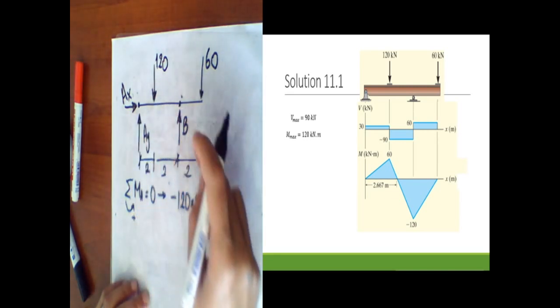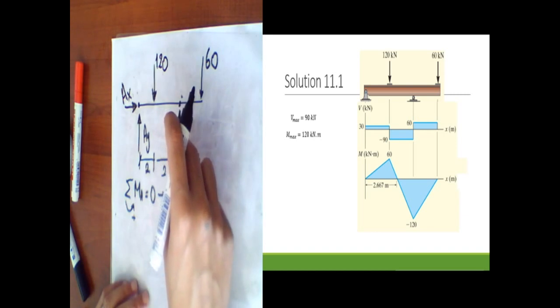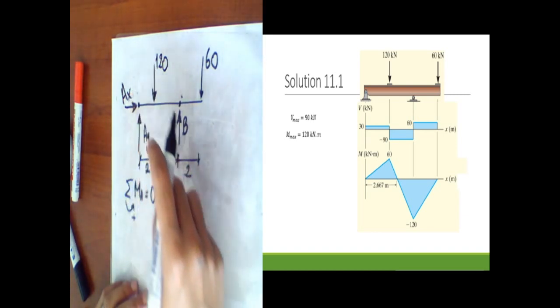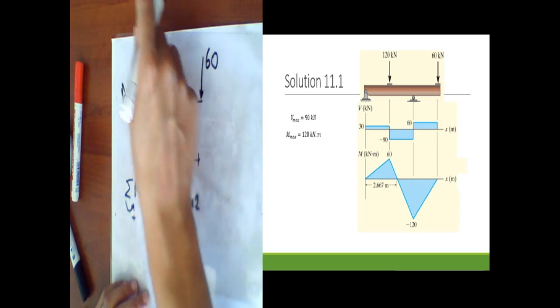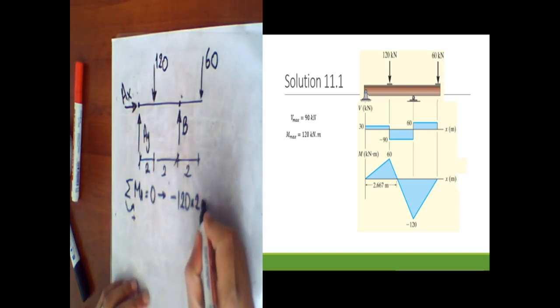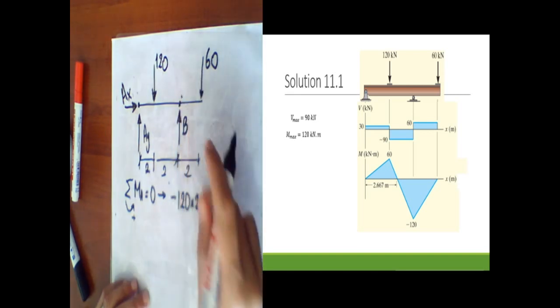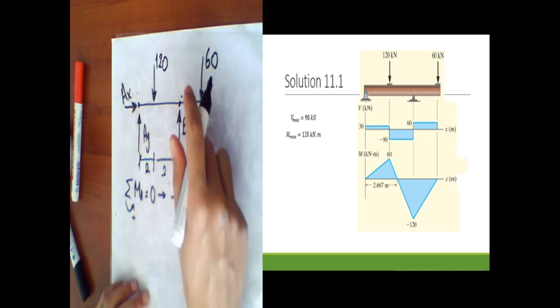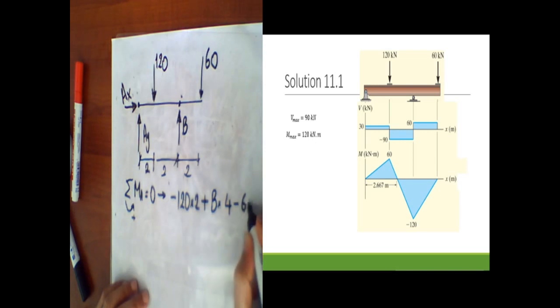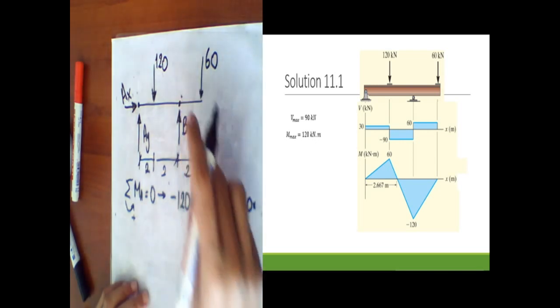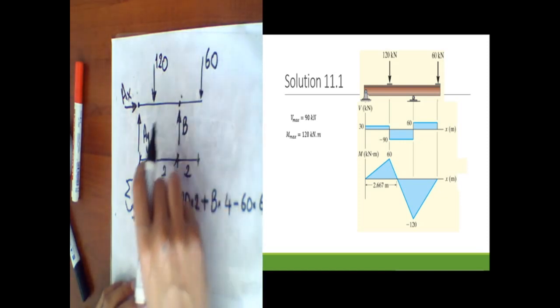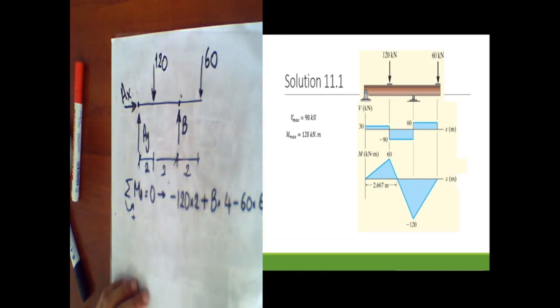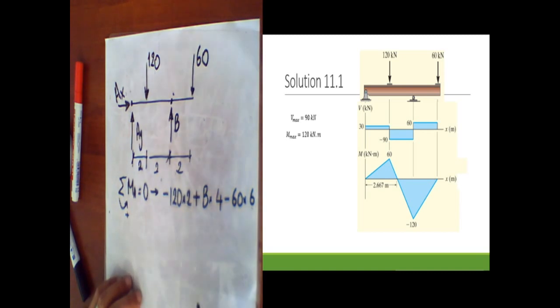Then B produces a counterclockwise moment, so it is positive: B times 4. The last one is minus 60 times 6, again a negative moment because it is clockwise. This should equal 0.